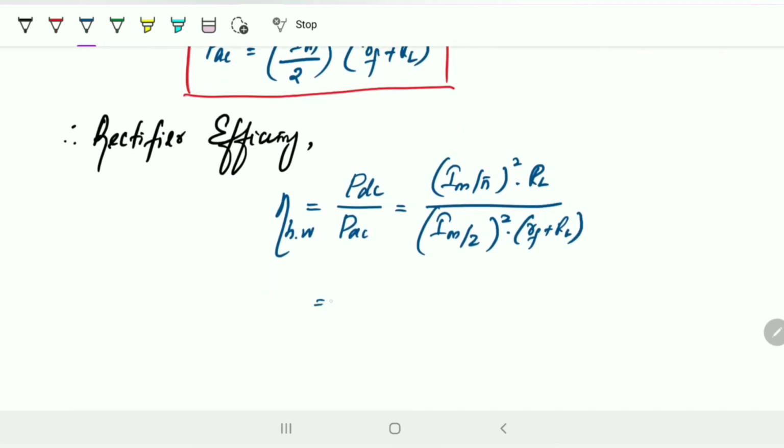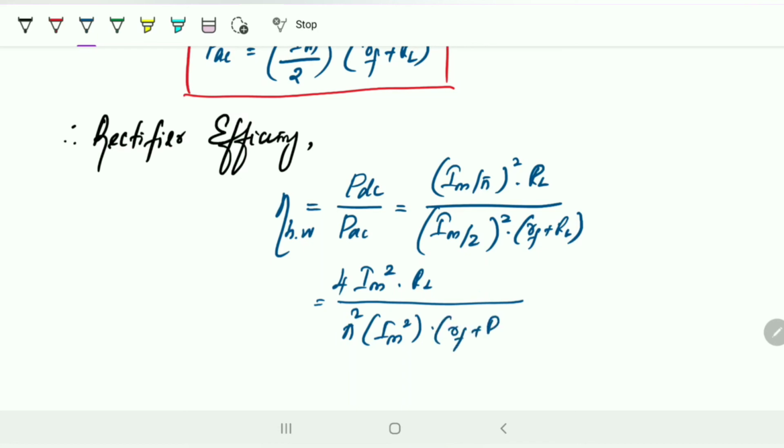Removing the brackets, it is Im square into RL, with pi square to the denominator, and 2 square from the denominator going to the numerator as 4, divided by RF plus RL.